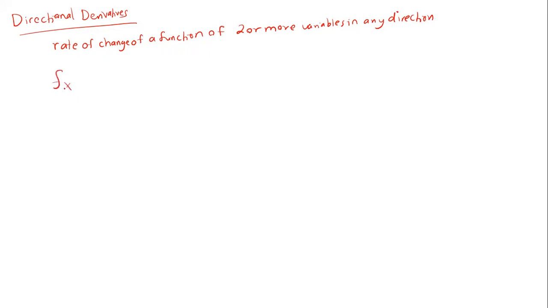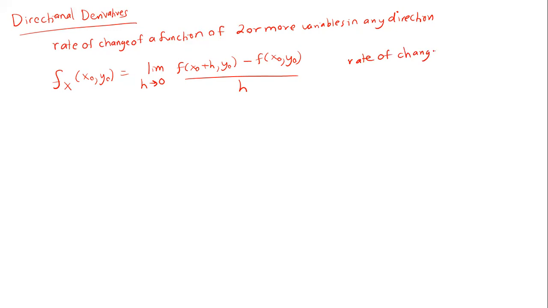Well, when we do something like fx of x0, y0 is equal to the limit as h goes to 0 of f of x0 plus h, y0 minus f of x0, y0 over h, we could look at this and say that this is really the rate of change of f in the direction of like 1, 0, essentially.